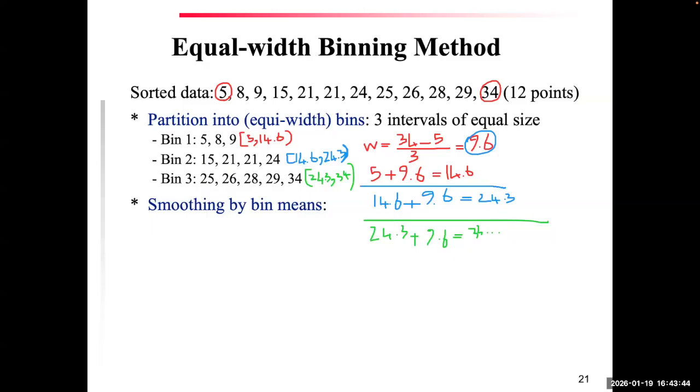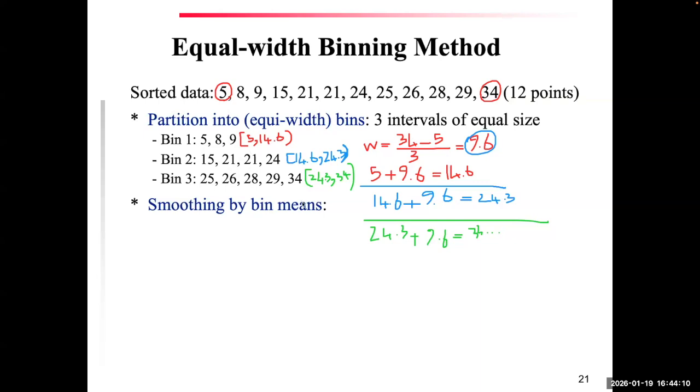For example, in bin 1 we have 5, 8, 9. Bin 2 we have 4 values, and bin 3 we have 5 values. So the number of values in each bin is not the same, but they have the same width, where width is this number, which gives you the range for each bin, right.